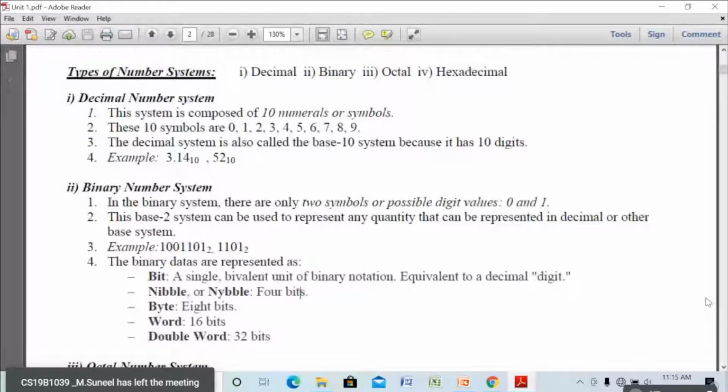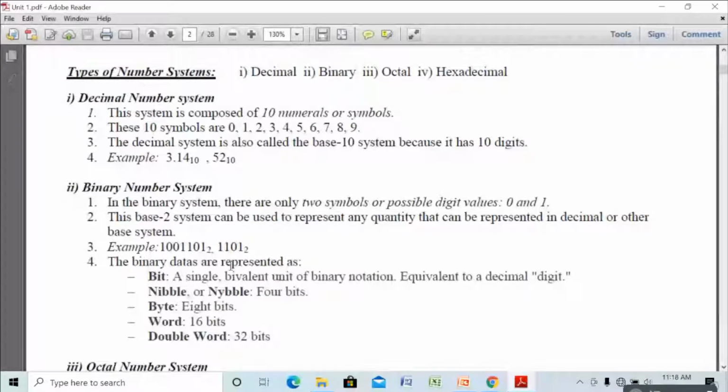Okay. So the next one is the binary number system. Its base or radix is 2 because it consists of only 2 digits: one is 0, another one is 1. With this 0 and 1, we can represent any number. So this is an example of the binary number system.